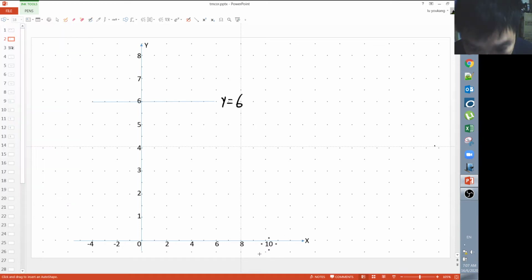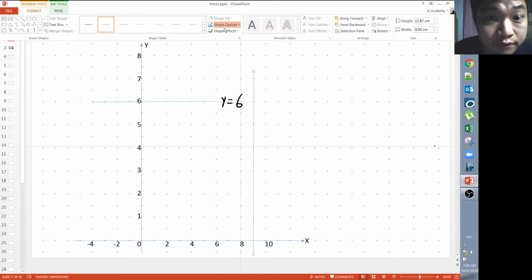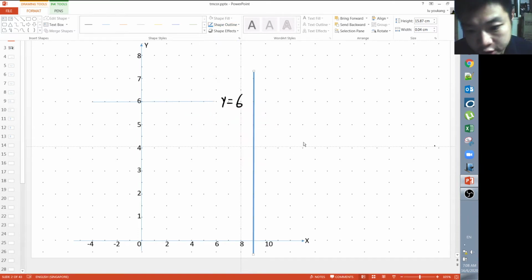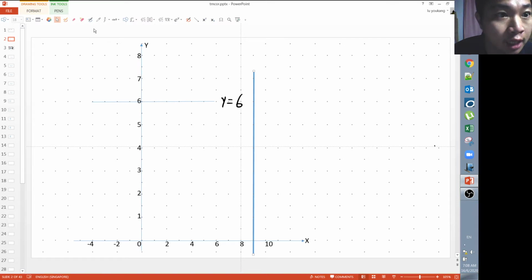So what about this straight line? Right? Hope you can see. Let me make it thicker. Alright, so this is another straight line, and what is the equation of this straight line? So over here it cuts the x-axis at about 9.